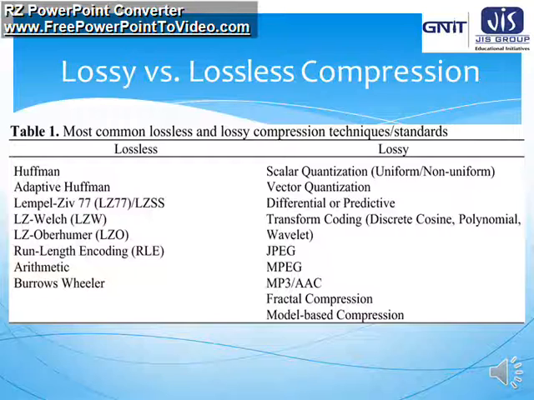So different types of codings are there, whereas for lossy we can see scalar quantization, vector quantization, and transformation coding like discrete cosine transform, polynomial, wavelet, MPEG, JPEG, MP3. So these types of model based compressions are used, and these are the different lossy versus lossless compression techniques.